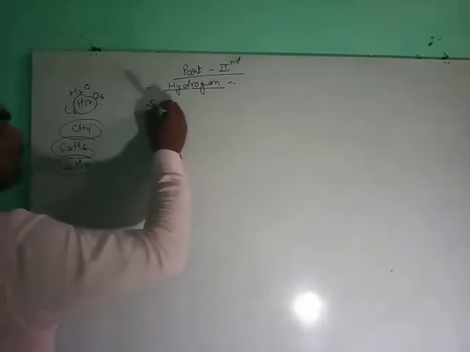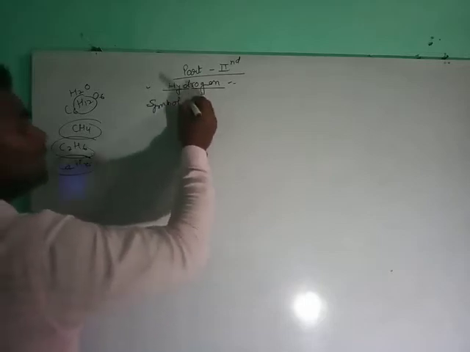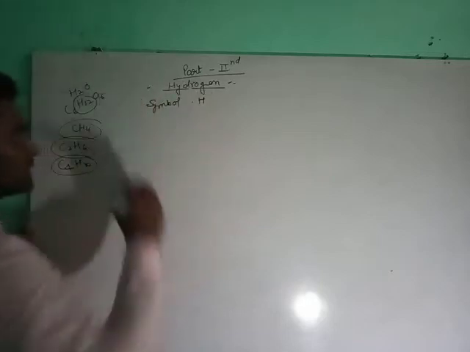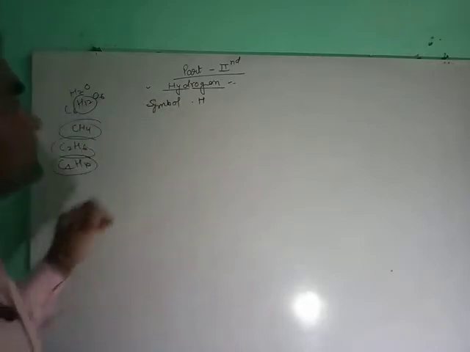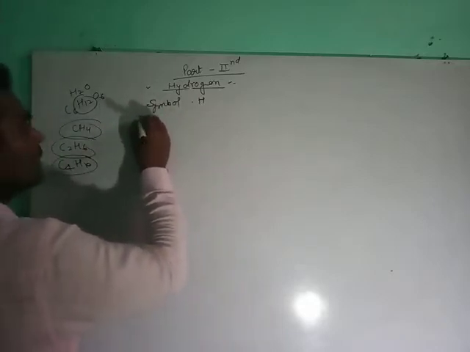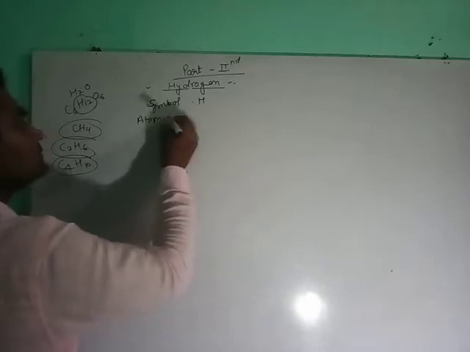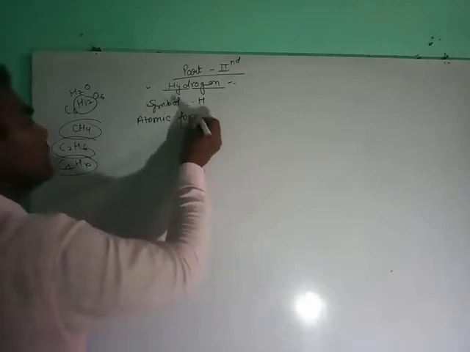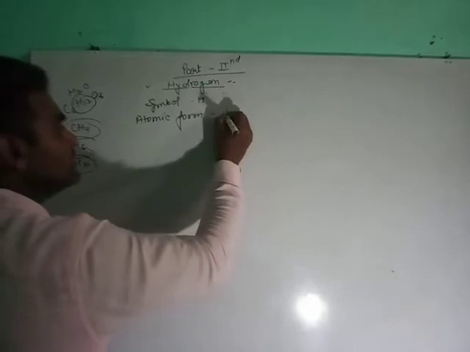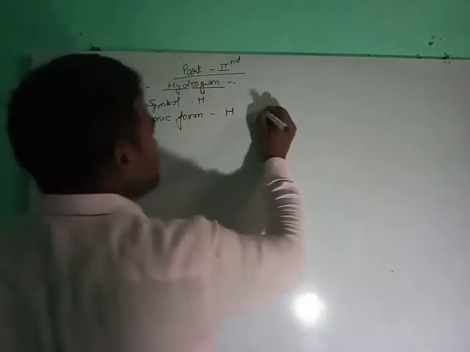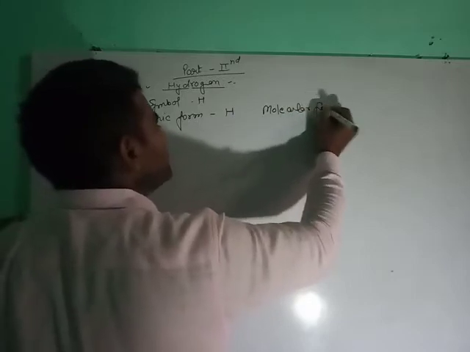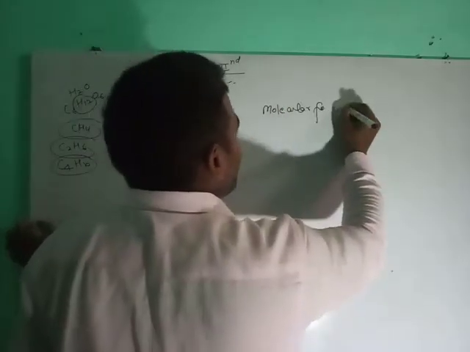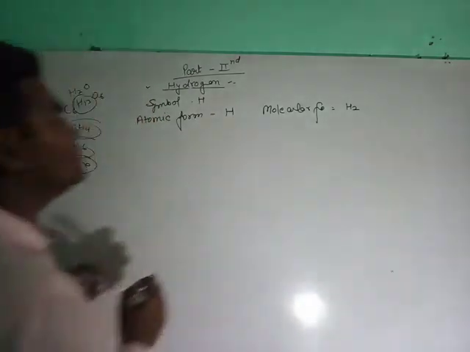We know the symbol of hydrogen. The symbol of hydrogen is H, and this H means one hydrogen atom. This H represents the atomic form of hydrogen, and the molecular form or molecular formula of hydrogen is represented by H2.